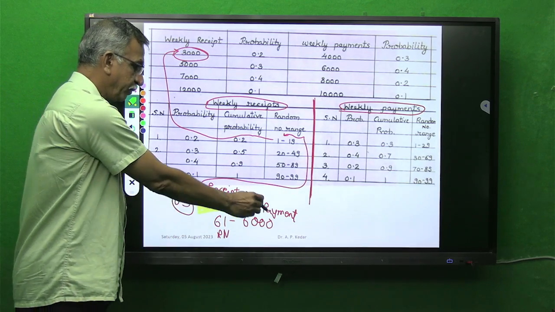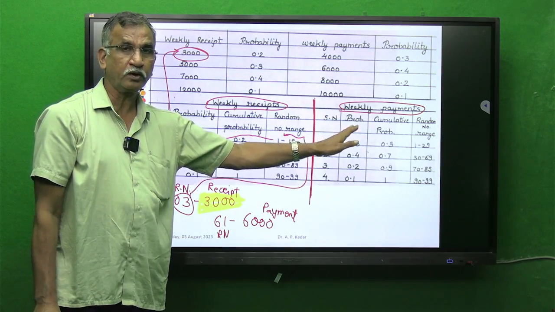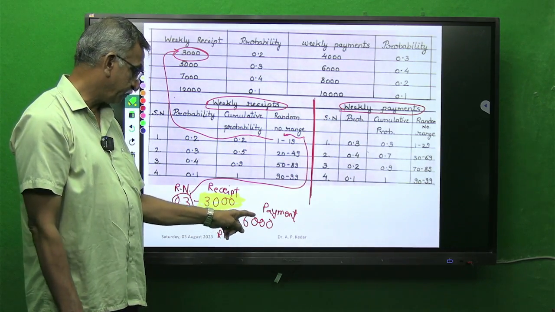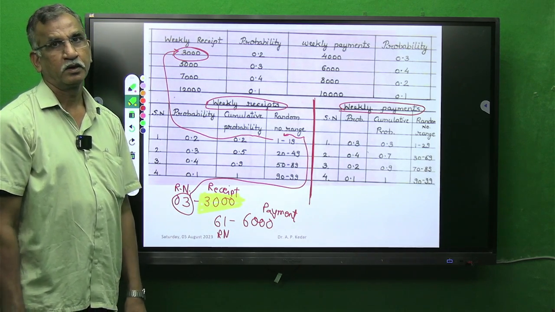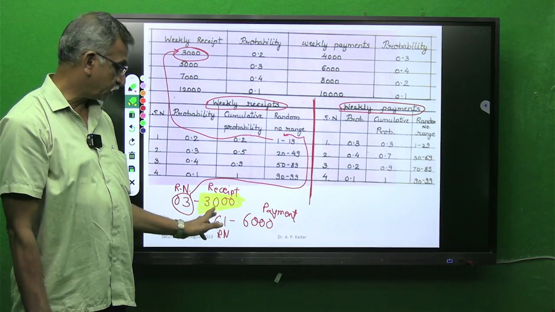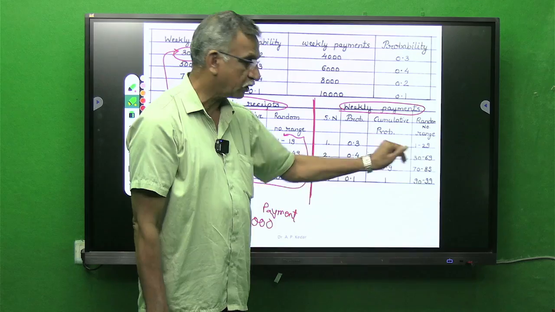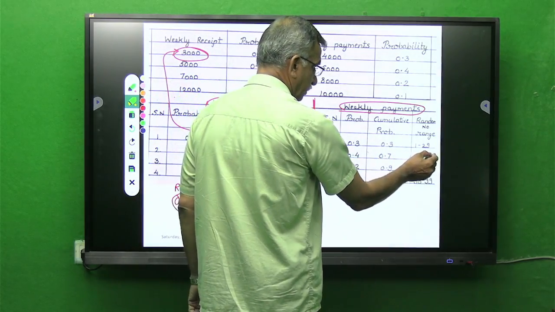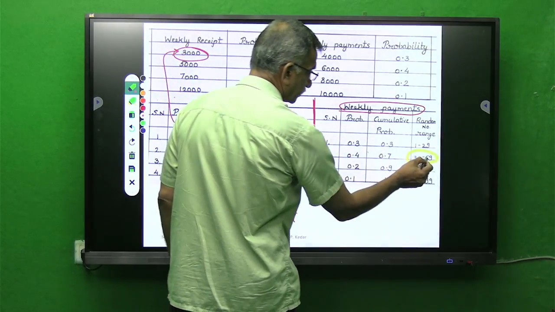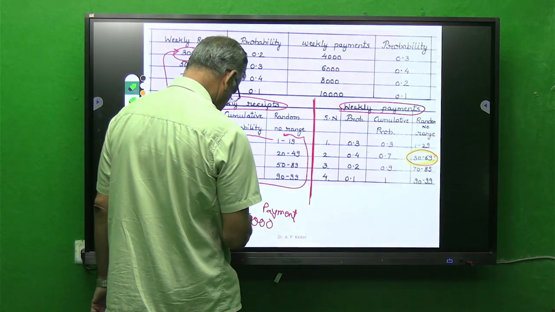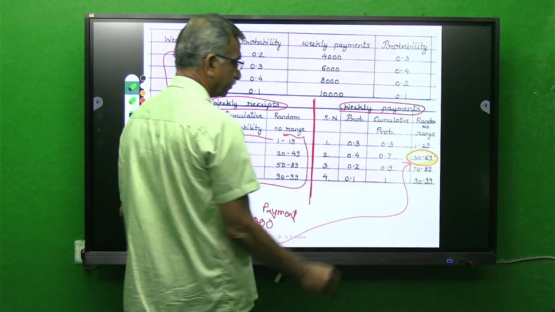Similarly, now for payment, what will we do? We'll look at the right hand side table, wherein for this payment we'll see the number 61. The number 61 lies in the second row. Here 30 and 69. So this number 61 lies in the second row.